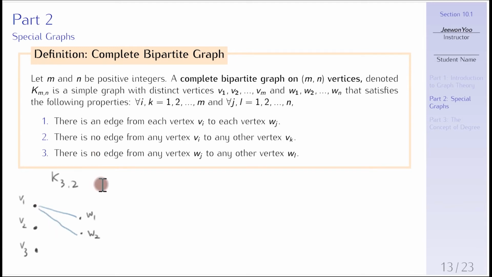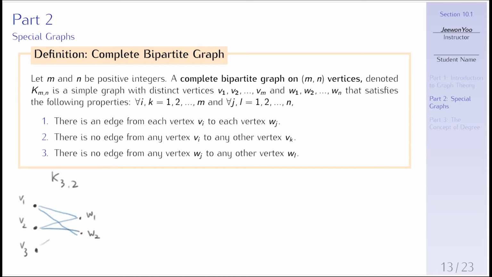Could you please read the second point here? There is no edge from any vertex in the first set to any vertex in the same set. That's not allowed. So you cannot connect V1 and V2 together or V1 and V3 together and so on. Using number 1 again, we can connect V2 with W1, V2 with W2, like so.